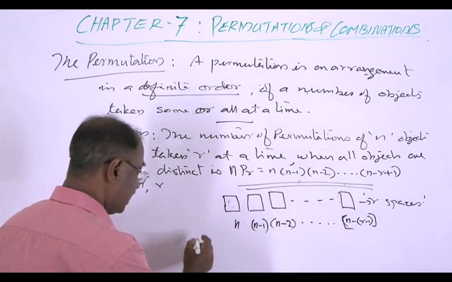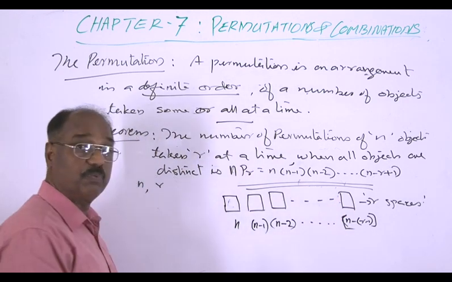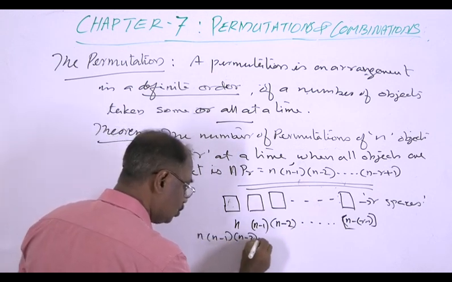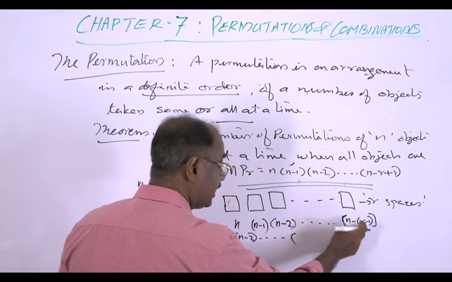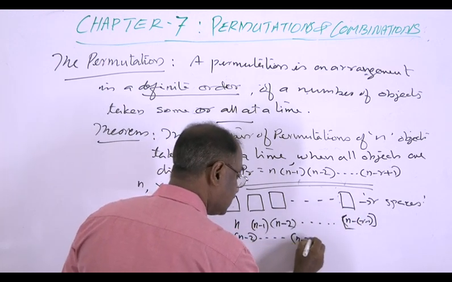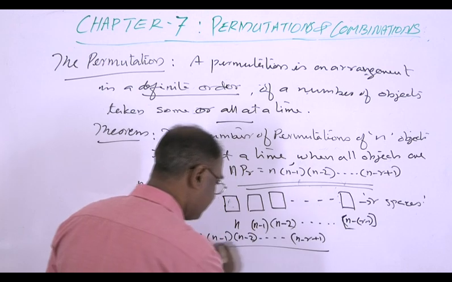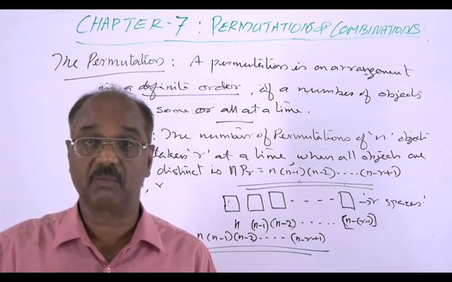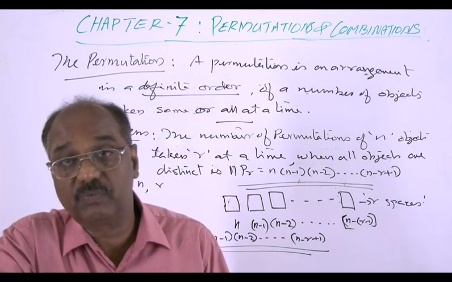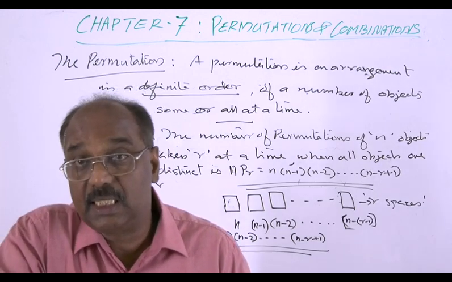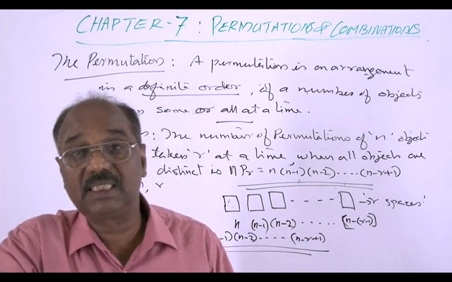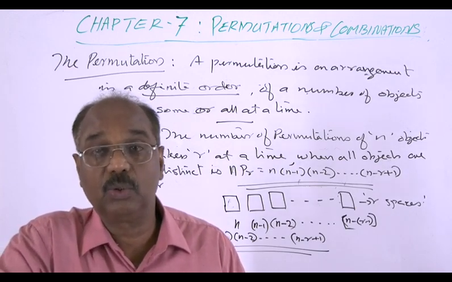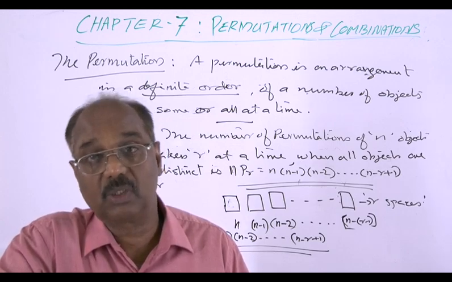So the number of permutations is n into n minus 1 into n minus 2 into etc. into n minus r plus 1. This is the theorem: the number of permutations of n objects taken r at a time when all the objects are distinct is n into n minus 1 into n minus 2 into etc. into n minus r plus 1. Okay?